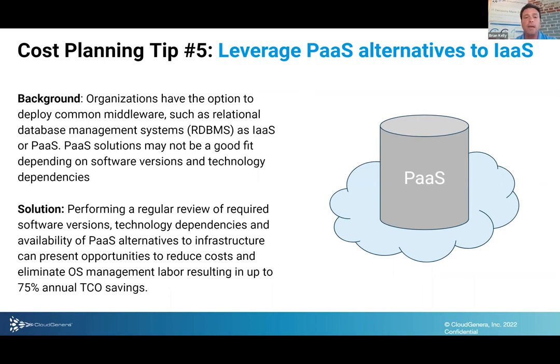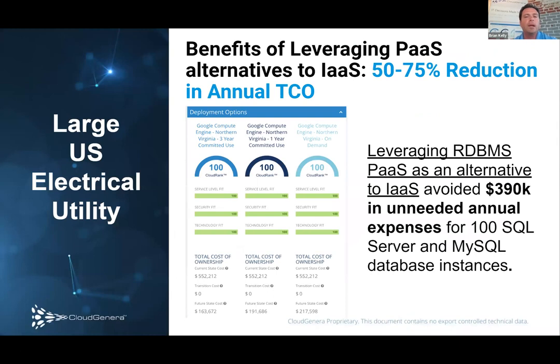when you look at the estimated total cost of ownership to run a workload as infrastructure, either in the data center or the cloud, versus running that same workload in a platform as a service alternative. Here's an example of a very large US electrical utility that's performed this analysis on their database workloads.